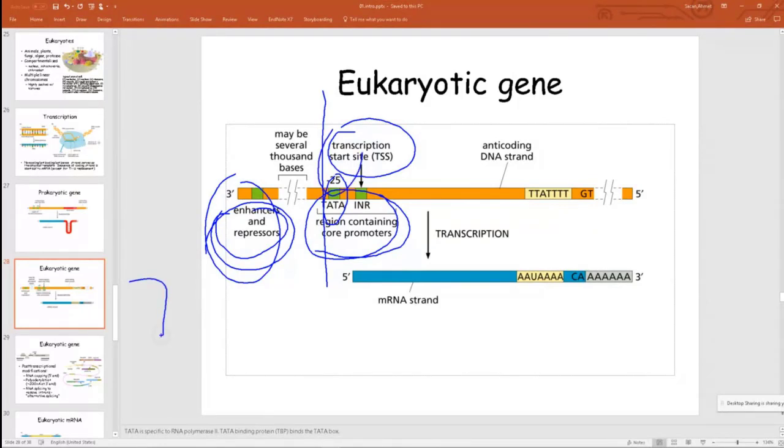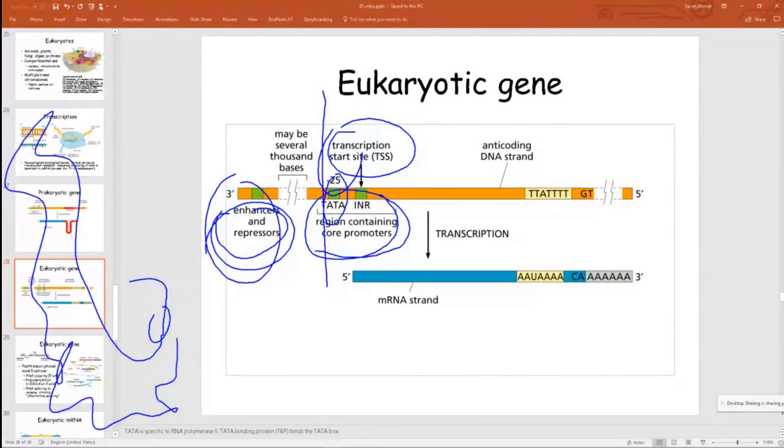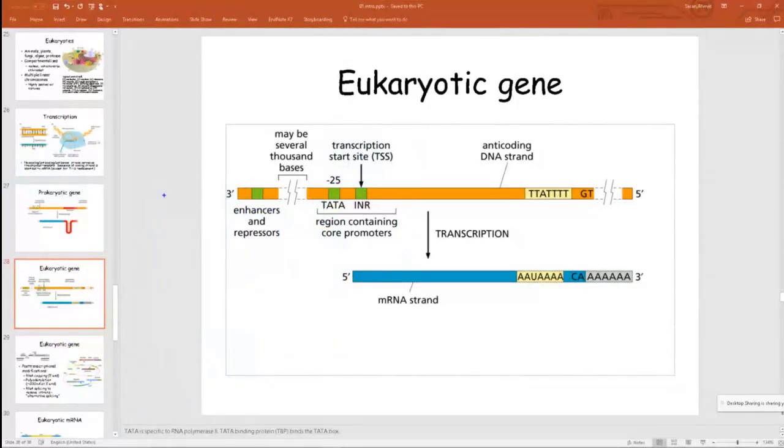Right? So if I have, let's say, this is my enhancer repressor region, many thousands of bases away, and then this is my transcription start site. And again, enhancers and repressors are regions in the DNA that are recognized by different proteins that either repress or activate transcription of that gene.